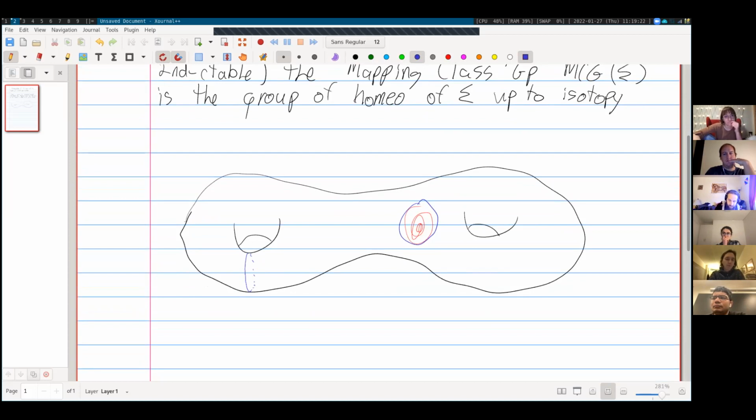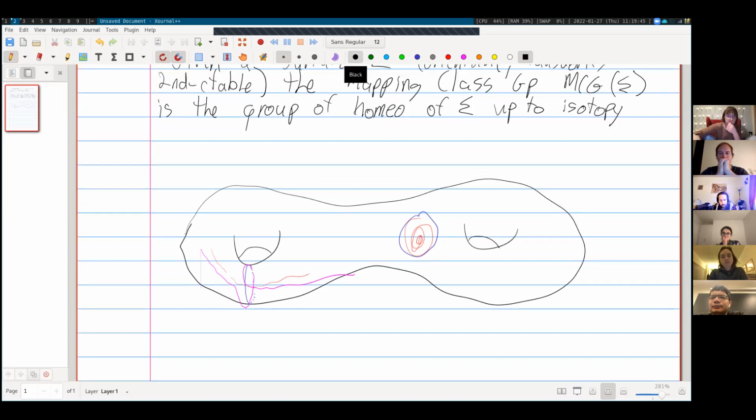So that a path that used to go like that now goes like that. So this gives you a group because you can compose two of these things and undo them.